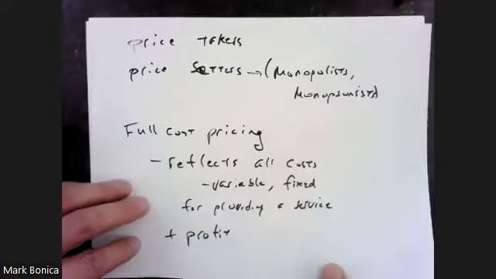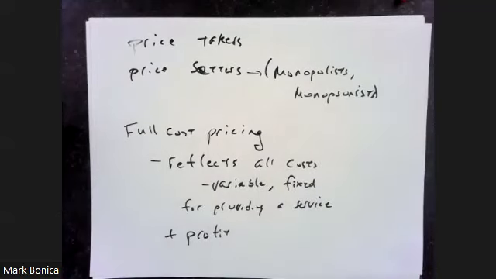In the short run, you'll keep producing as long as you can cover your marginal costs, right? So let's say your full cost of providing a patient visit, which rolls in your fixed costs, your rent, your salaries for your administrative staff and so forth, is that you've got to charge $100 per visit.